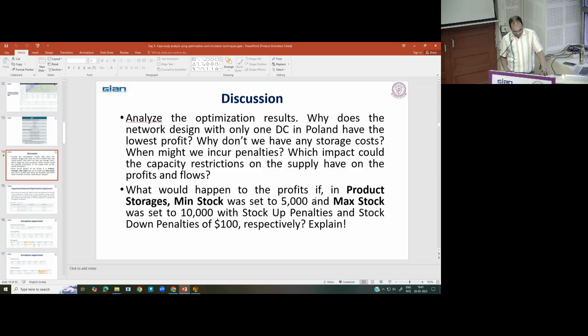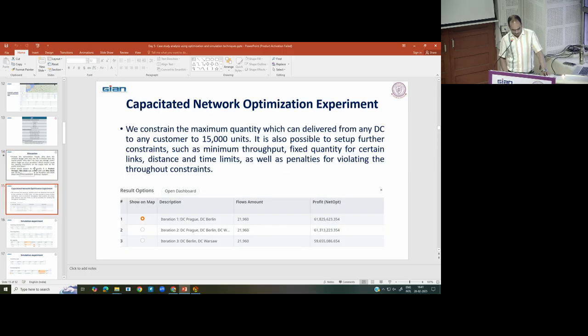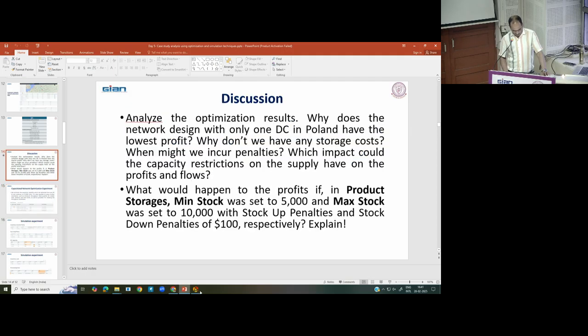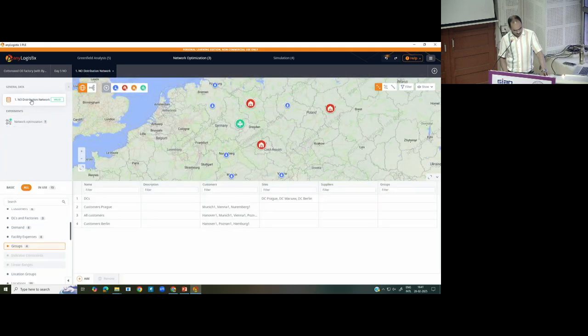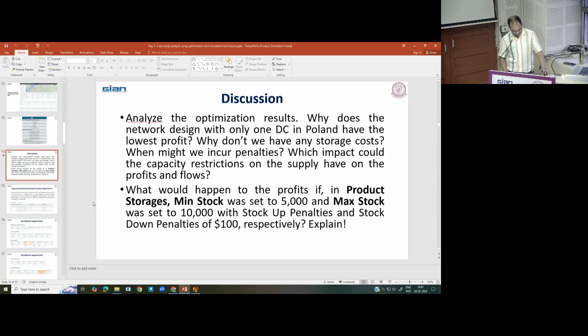What should happen? For product storages, minimum stock was set to 5,000 and maximum stock was set to 10,000, with understock and overstock penalties of 100 respectively. Now you could do one thing. Suppose you go to this model, and let me show you. We want to restrict product storages, minimum stock, maximum.